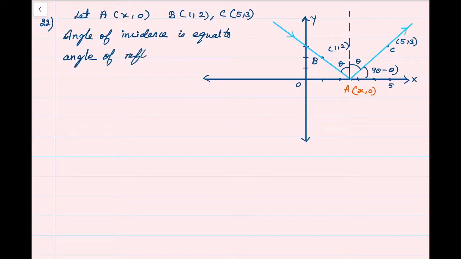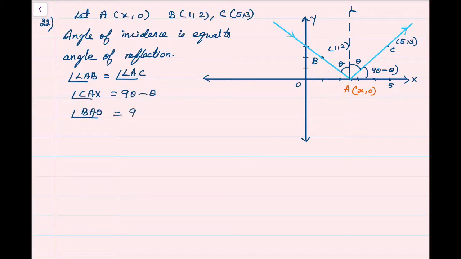I will take this as L. Angle LAB is equal to angle LAC. Angle CAX will be 90 minus theta and angle BAO is also 90 minus theta, this angle.